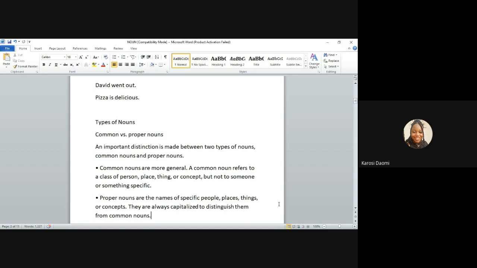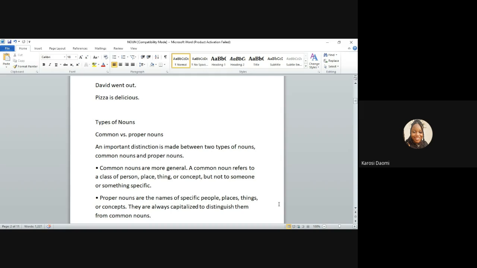Now, common nouns are more general. A common noun refers to the general name of a group, maybe a group of people, a group of animals, a group of things. So it's a general concept. It's not specific to a particular person. It's not the specific name that you give to a place, a thing, or an idea.